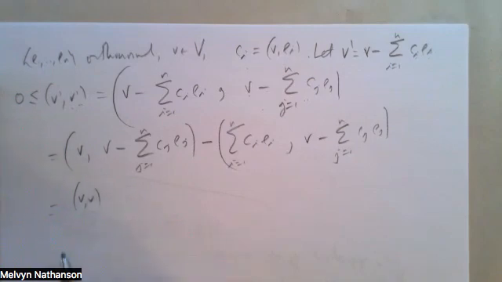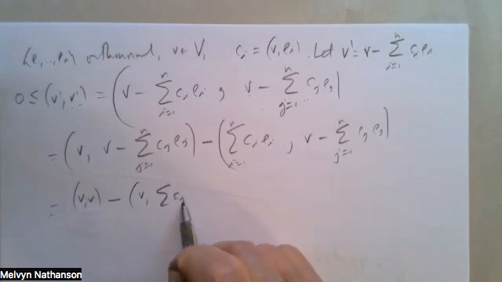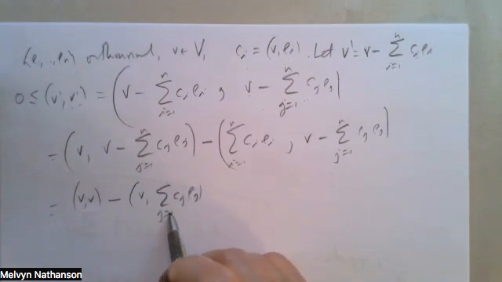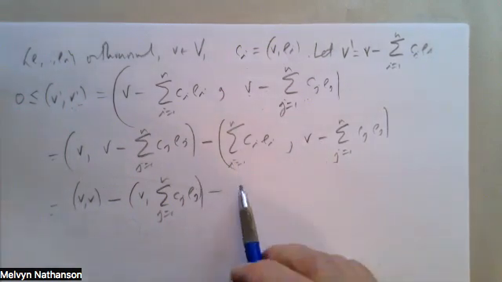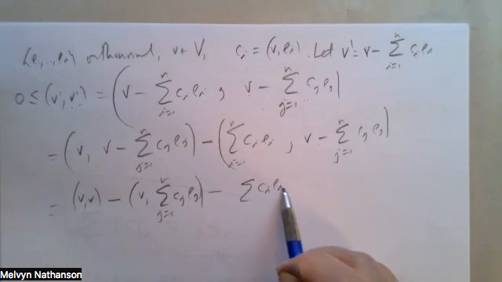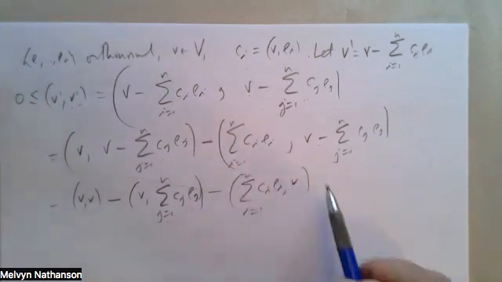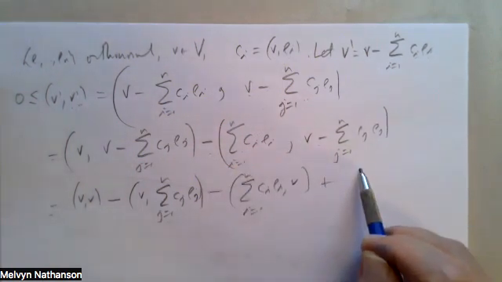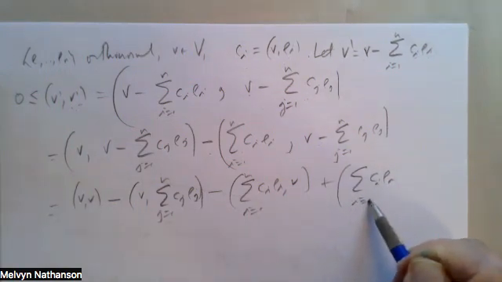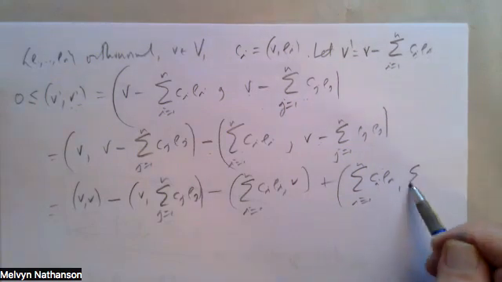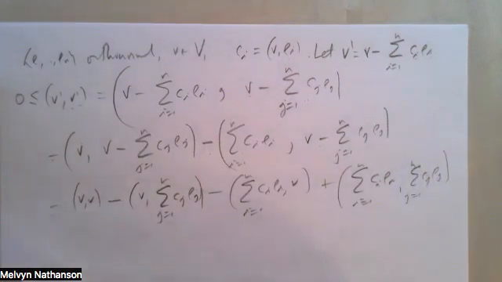This is the inner product of v with v, minus the inner product of v with the summation cj Ej, j goes from 1 up to n, minus this inner product with v, the summation ci Ei, inner product with v, i goes from 1 up to n. Minus times minus is plus the inner product of the summation ci Ei, i goes from 1 to n, with the summation cj Ej, j goes from 1 to n.